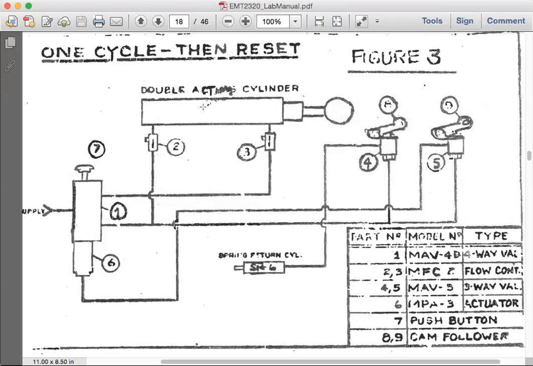But when the piston extends, by having pressure coming right here to the left chamber, all the pressure from the right chamber has to vent out, and it vents out through number 3 with the direction of the arrow. So number 3 controls the speed of extension of the piston by controlling how quickly the right chamber is being vented through the flow control.